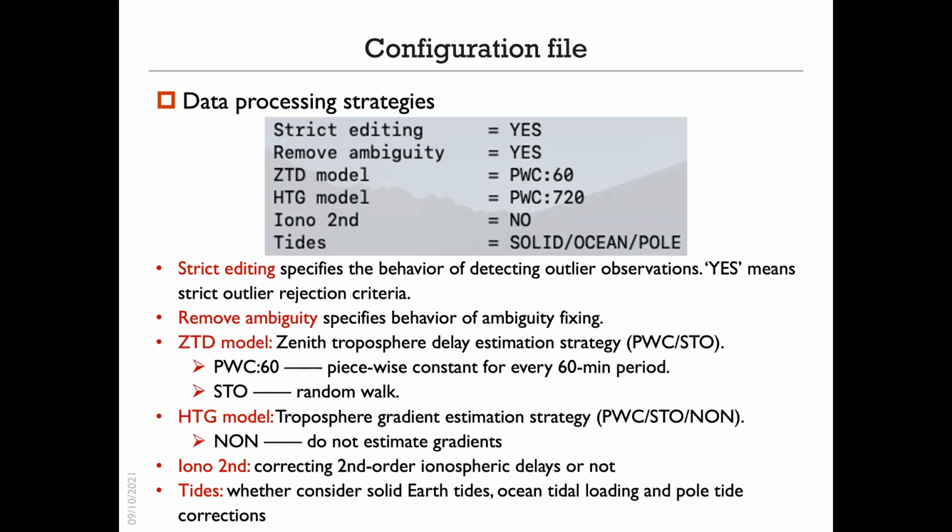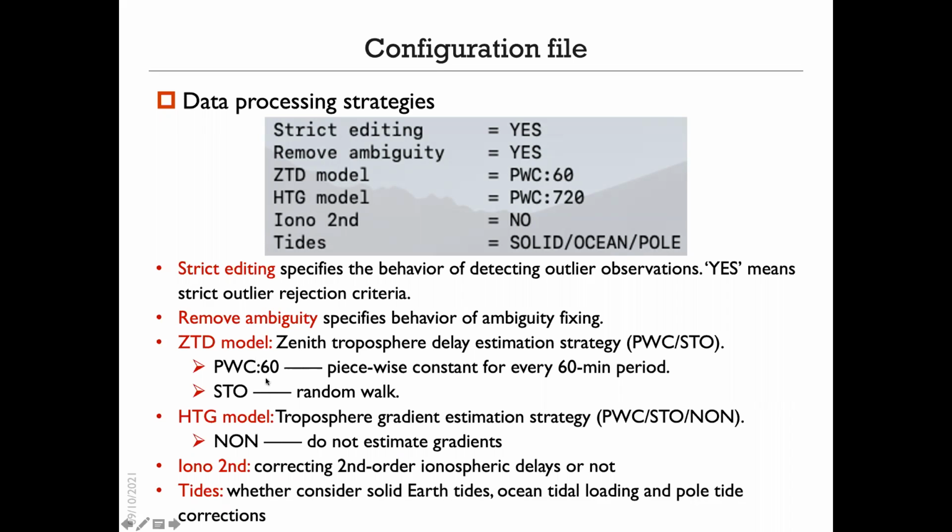But sometimes if you process 24 hours of data, the piecewise constant strategy for ZTD estimation would be better for you to achieve higher precision for the vertical components of your coordinates. So this is a strategy that you need to pay attention to.